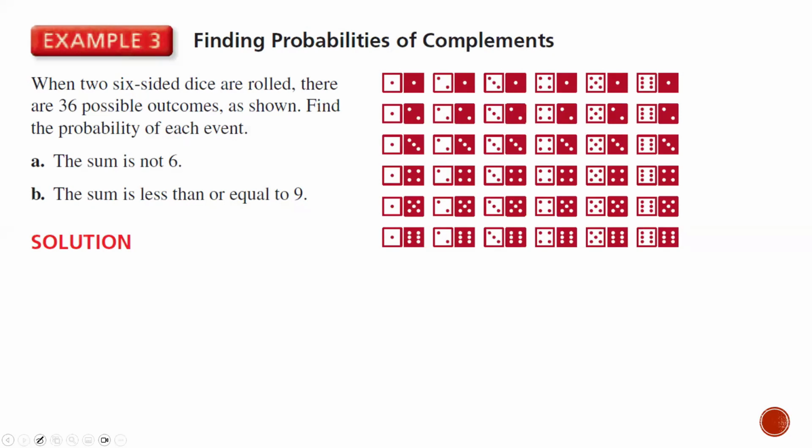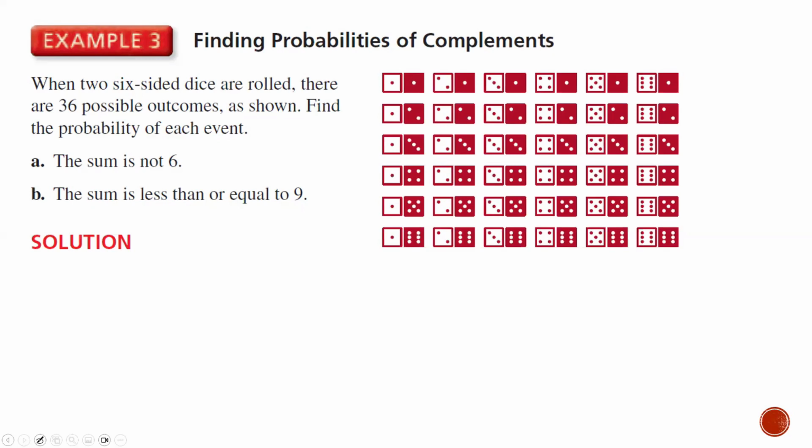So here's what I'm talking about. Here is how you play most board games that involve dice. You roll 2 dice. Like in Monopoly, you move your little top hat or your car or the clothes iron, whatever, you move that piece that many spots.